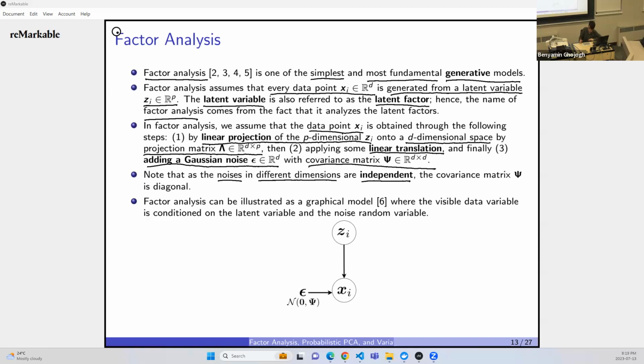No, I don't. They are independent. The covariance matrix is a diagonal matrix. And it can be seen as a probabilistic graphical model in this way. So you have Zi generates xi, you add some epsilon noise. And the noise itself has mean 0, covariance psi. And the covariance, I assume it's diagonal.